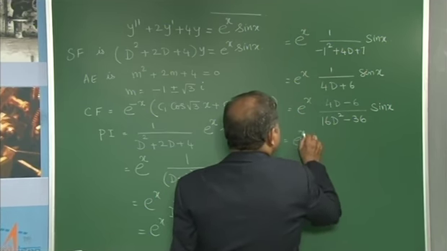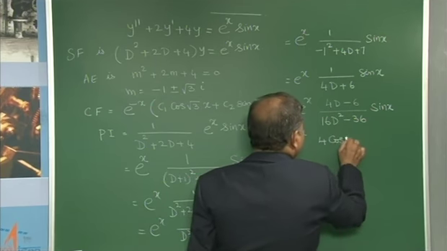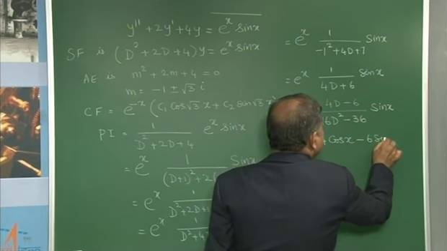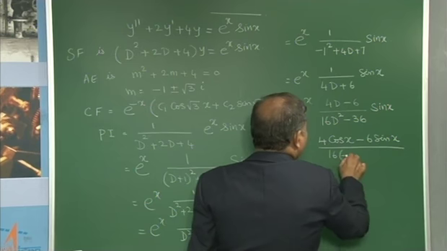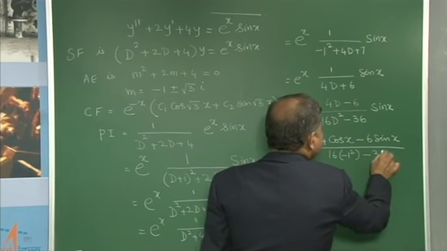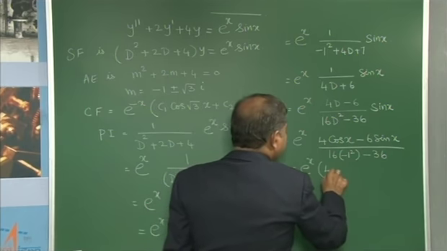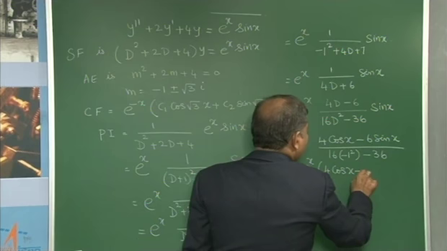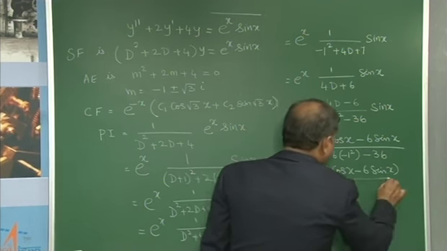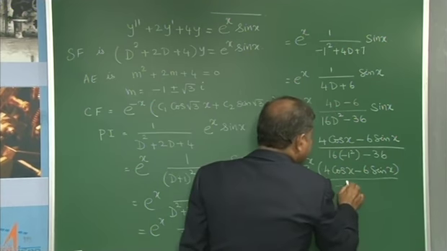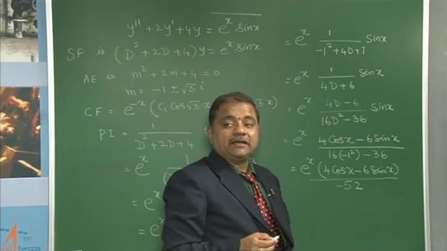So e power x, now 4 into differentiation of sin x, cos x, minus 6 sin x divided by 16 into minus 1 squared minus 36. So e power x (4 cos x minus 6 sin x) divided by minus 52, that is the particular integral.